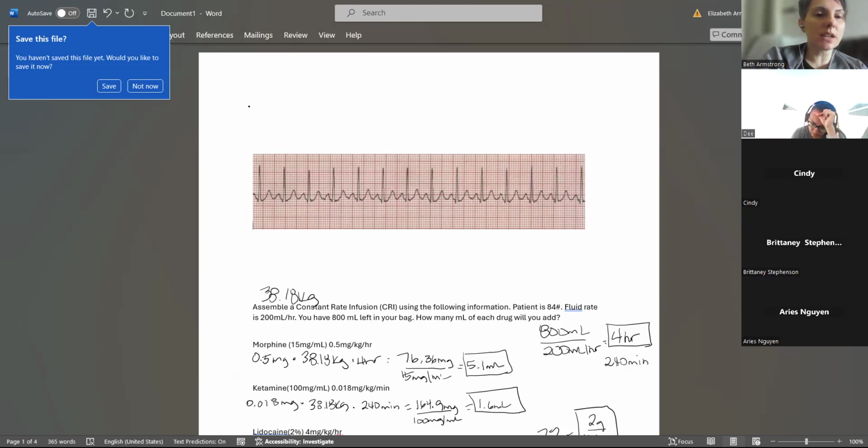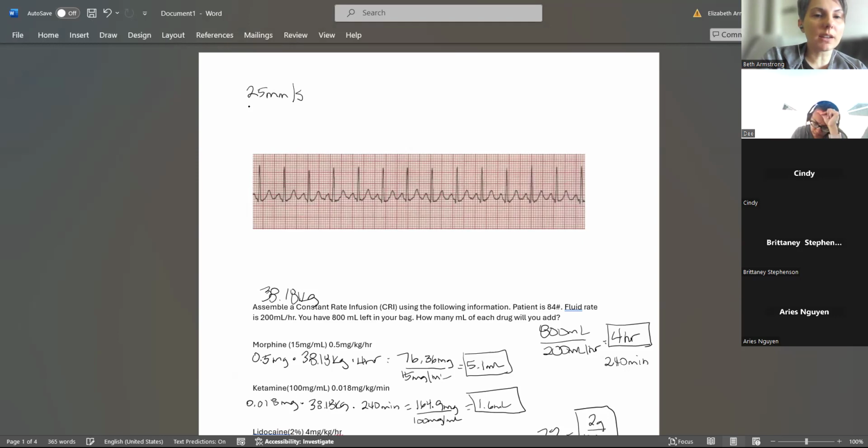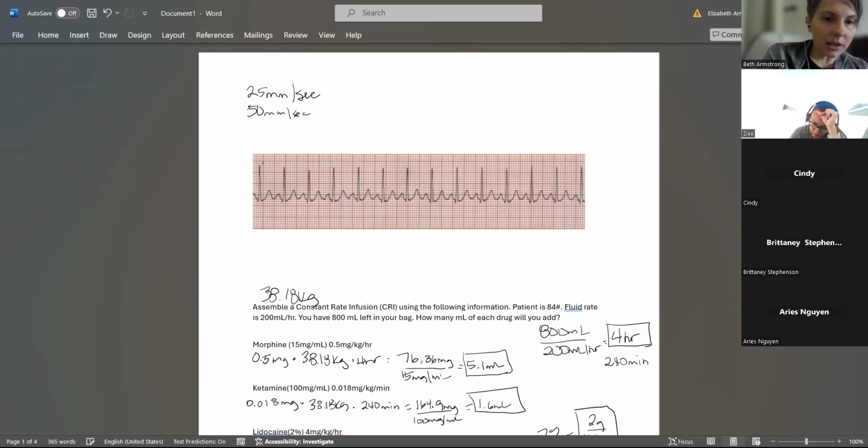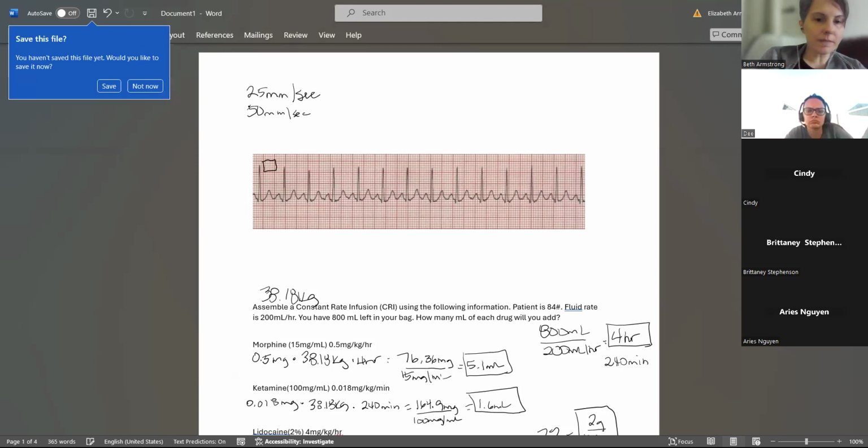Many times we'll see it at 25 millimeters per second, or you'll see it at 50 millimeters per second, and you can always change them on the machine too. Important to know is that in this box right here, there are 5 little boxes that go across.